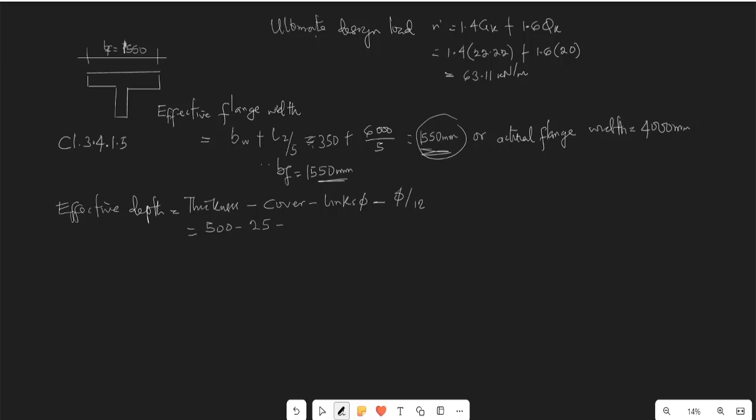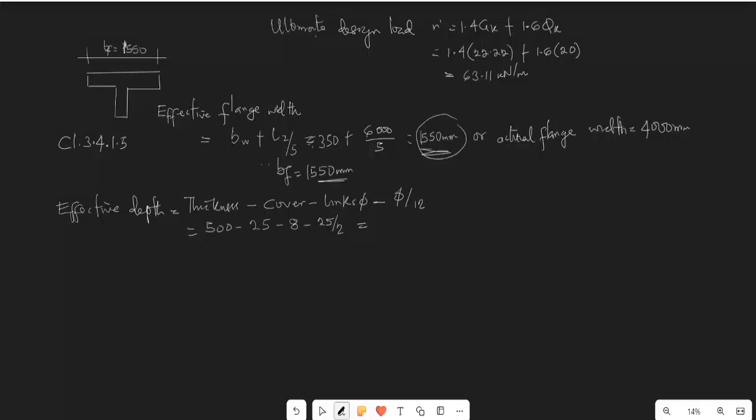The links diameter, we're using 8 mm links, and then the reinforcement, you can assume a reinforcement as you're starting, if it will not have any implication on your work. Since we're not given a particular reinforcement to adopt, let's try 25 mm reinforcement divided by 2.